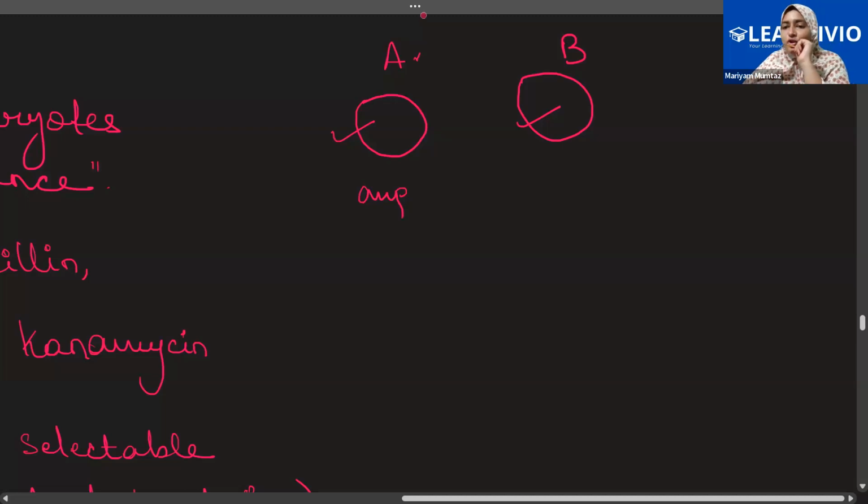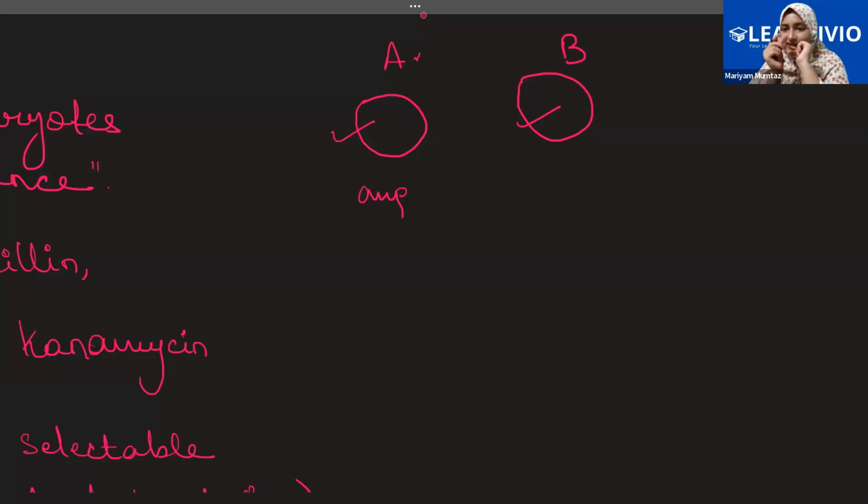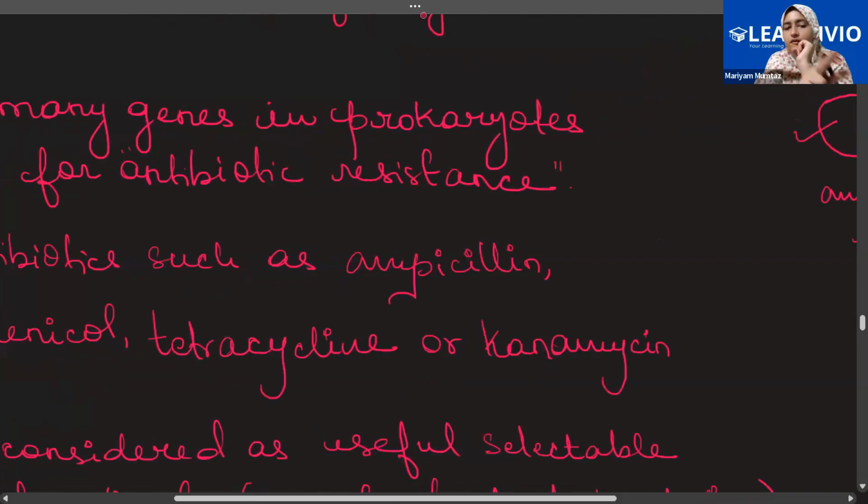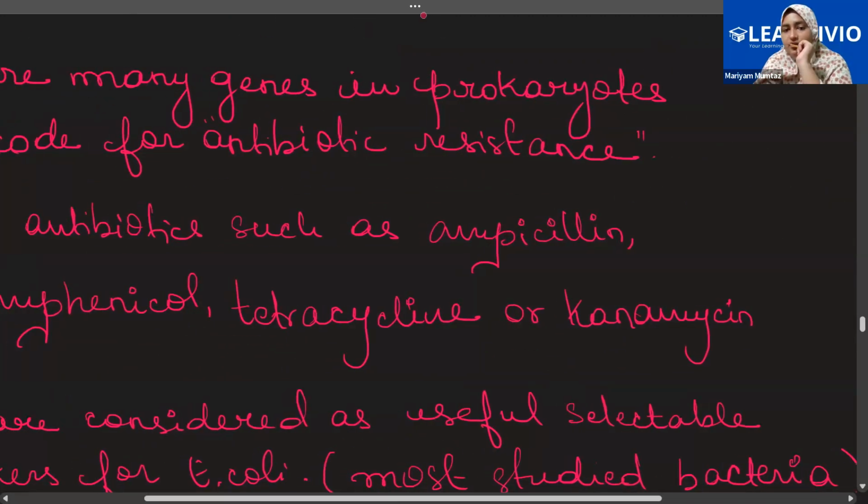Just like how you have Dolo and all of those medicines, they have a name. So ampicillin is also the name of an antibiotic. Ampicillin, tetracycline, these are antibacterials. They kill bacteria. But bacteria A and bacteria B are resistant to all of the antibiotics that I've mentioned here.